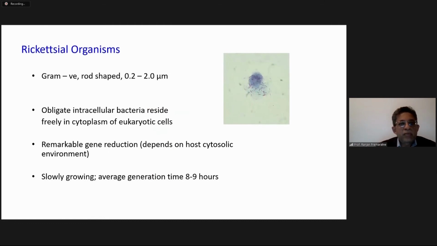It is a gram-negative, rod-shaped, obligate intracellular bacterium which resides freely in the cytoplasm of eukaryotic cells. It has remarkable gene reduction and therefore depends on the host cytosolic environment. It needs the cell support of the host for growth as well as for division, and it has an average generation time of about 8 to 9 hours.